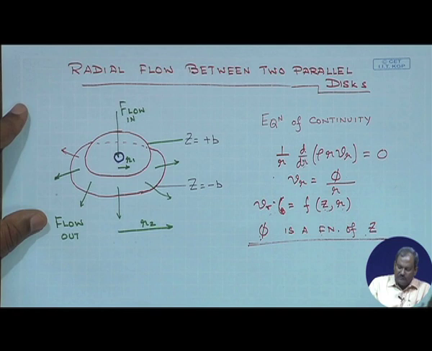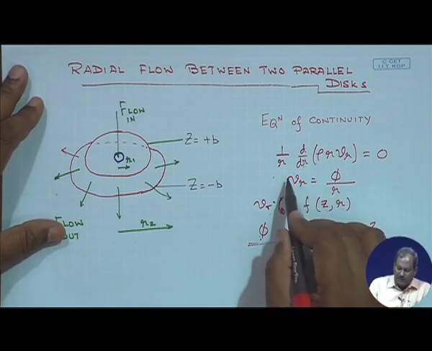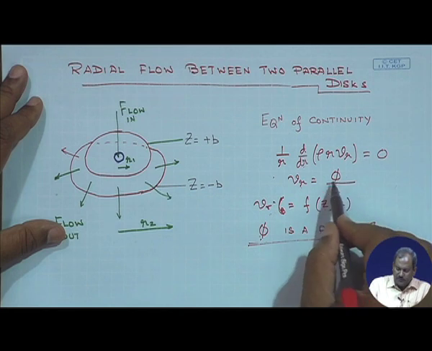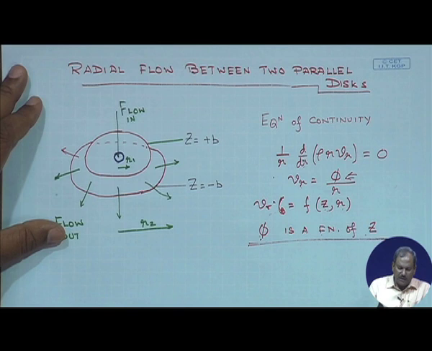So that's the first thing that we can obtain, and we have an expression for Vr just by looking at the equation of continuity, where the only thing we need to do is see how we can evaluate φ.